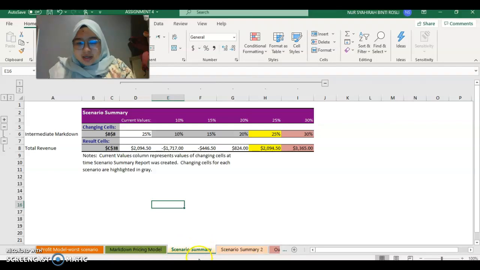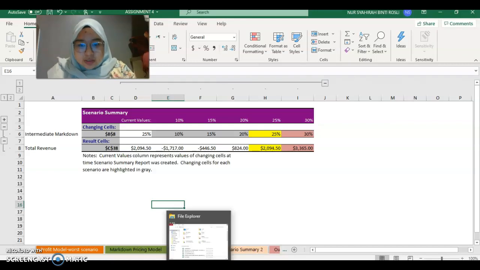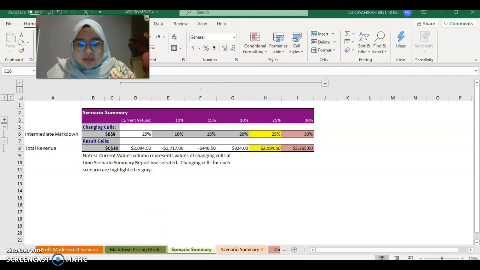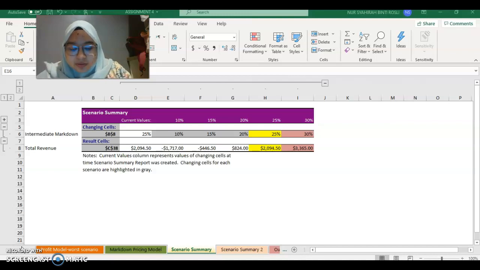And for the scenario summary, we do the scenario summary because we want to see which discount gives the higher revenue, and which discount is better.